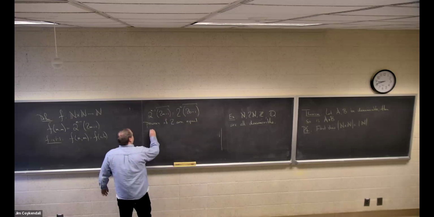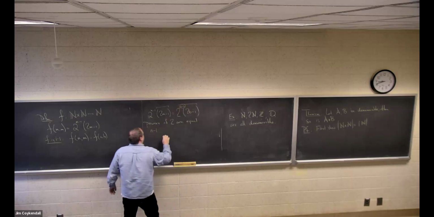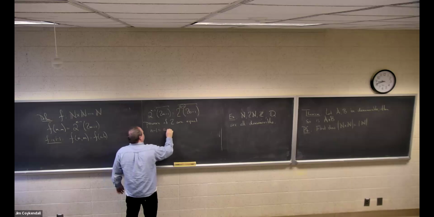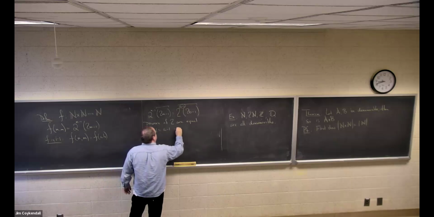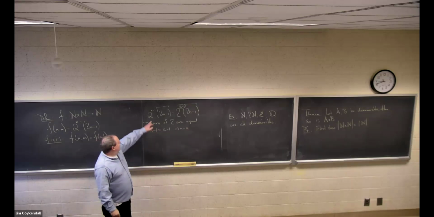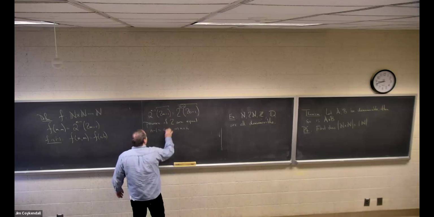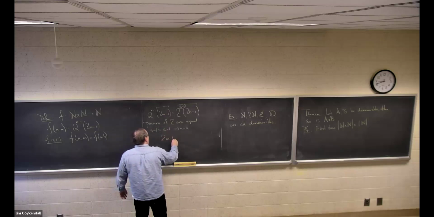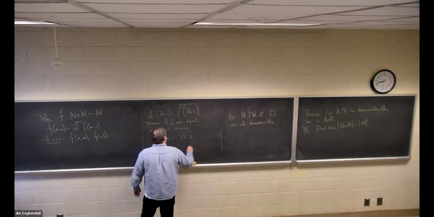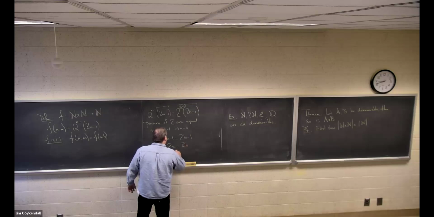This means n minus 1 equals a minus 1. Now that I know the powers of two are equal, I can divide, and I get 2m minus 1 equals 2b minus 1. 2m equals 2b. m equals b.